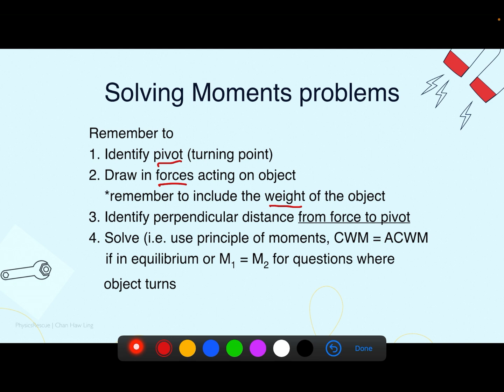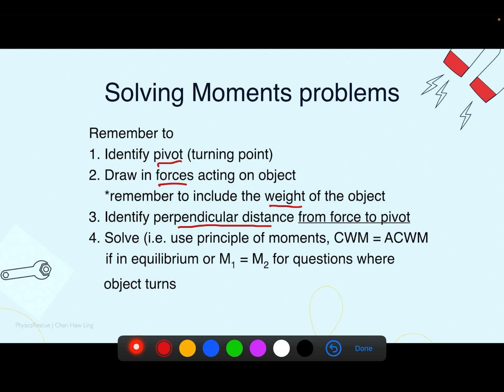And then we have to identify the perpendicular distances of the force to the pivot. Remember that it has to be the perpendicular distance from the line of action of the force to the pivot.